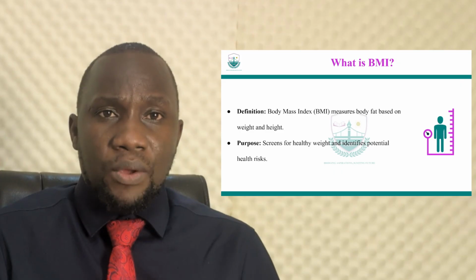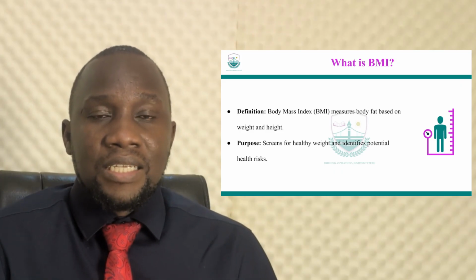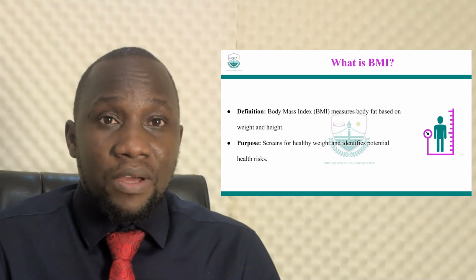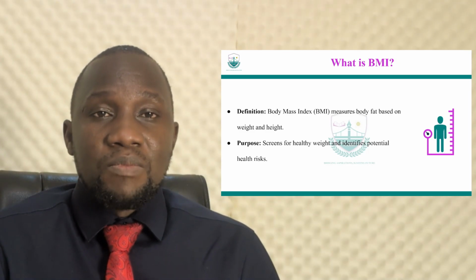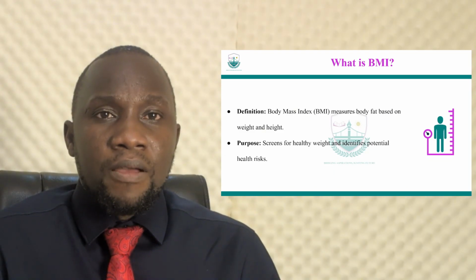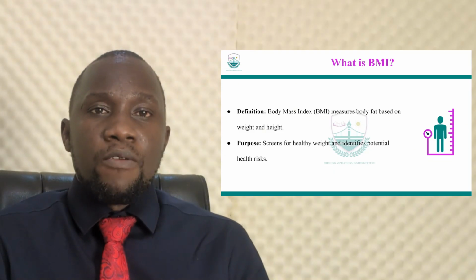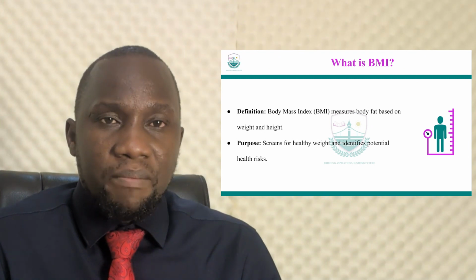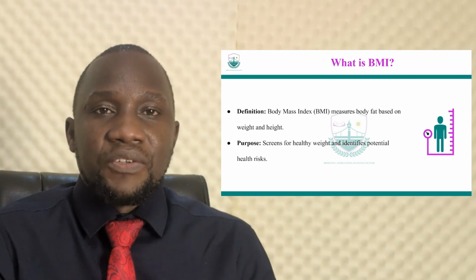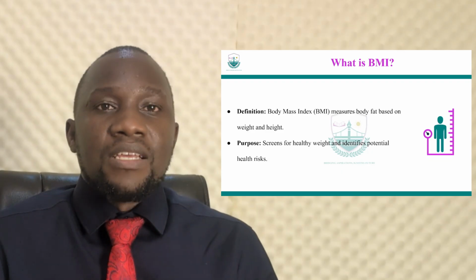The reason we say it is used for screening people, to determine whether they are at risk or not, is because it is not definitive. If you have an abnormal BMI, we just say that you are at risk of ABCD.